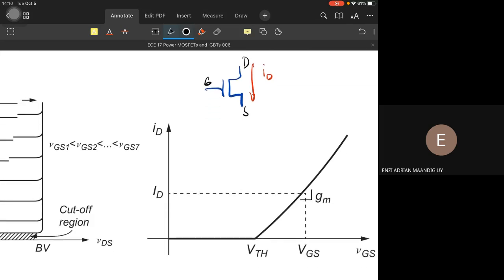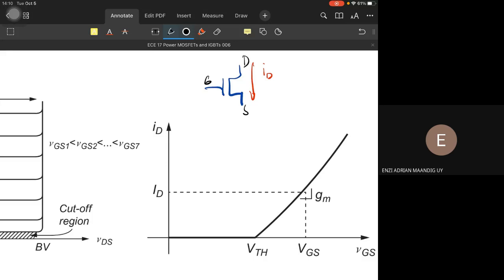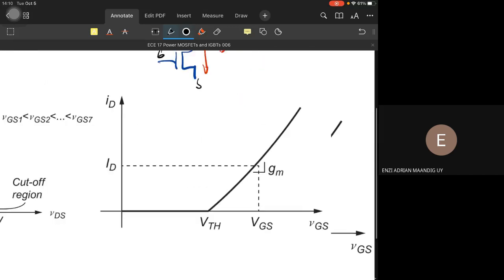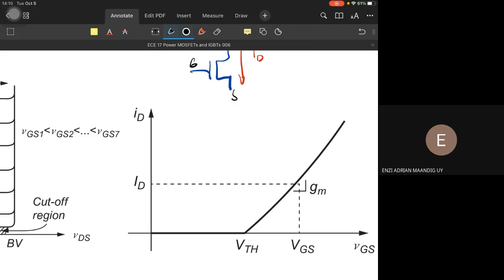So this is the relationship, or we could state it as a transfer function between VGS and ID. So ID is dependent on VGS, so it is like a diode in this respect.